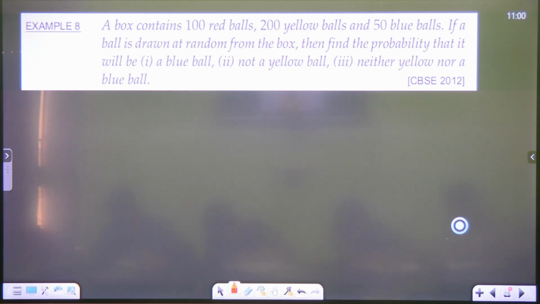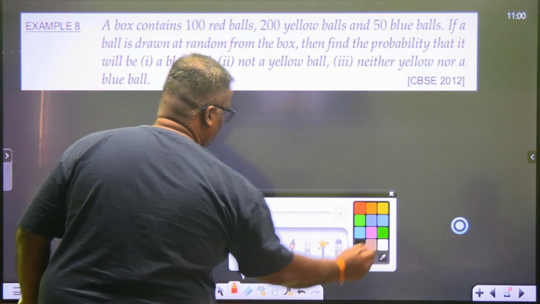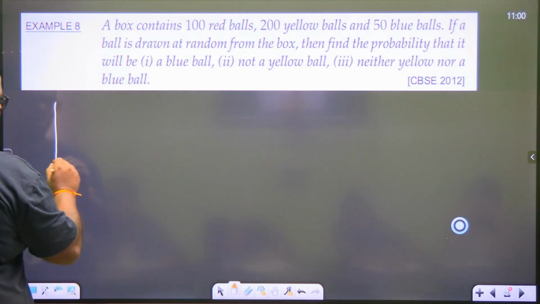Solve it in structured manner. Do it step by step.